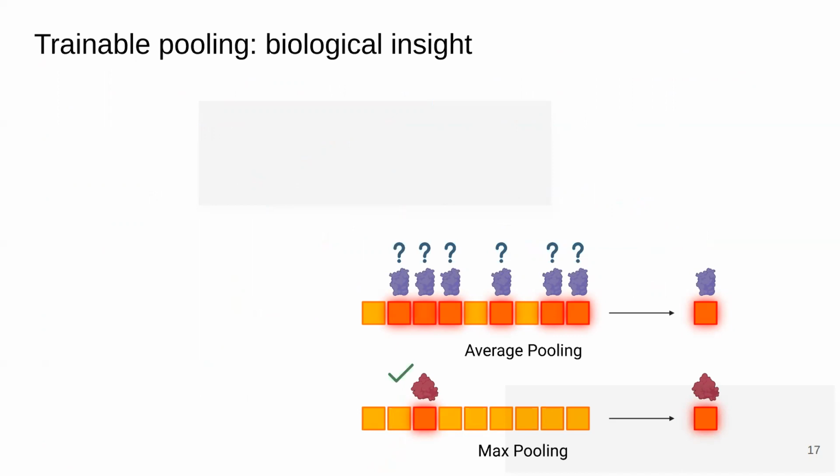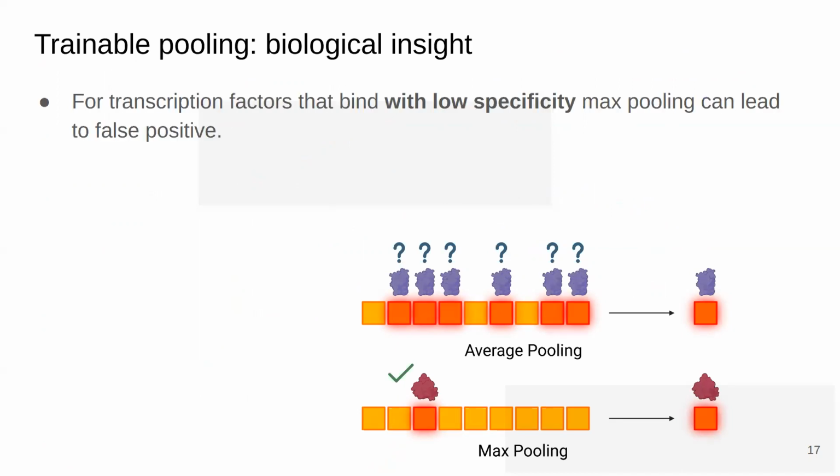You could try to determine this empirically, and this way we can learn it from scratch. But the idea is that if a transcription factor has low specificity, we can have all of these motif matches, but it's unlikely that it's occupying any one of them at any given time. And so max pooling would give you false positives, and average pooling might be better.